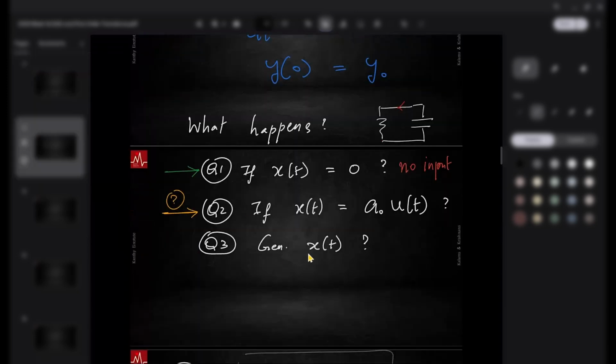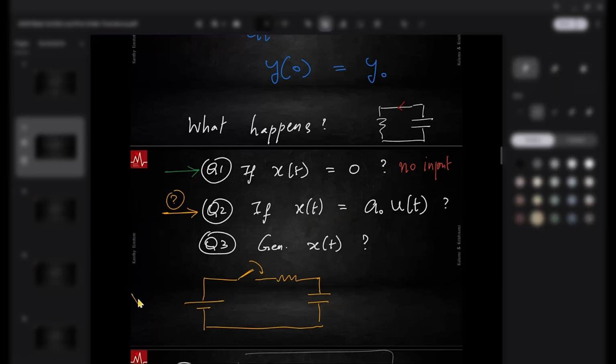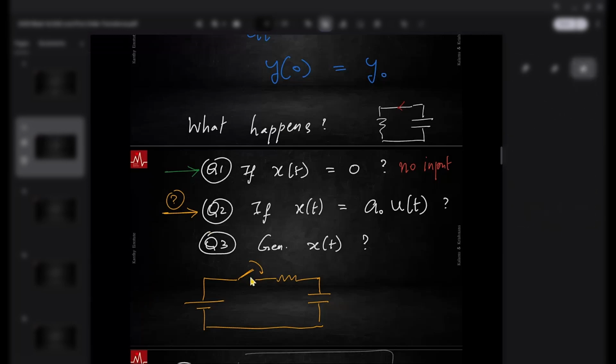What we are saying in this case is same resistor, capacitor, there is a voltage here, and all of a sudden we close the switch at t equals 0. That is where we get A naught, your voltage, right, suddenly gets applied to the system.